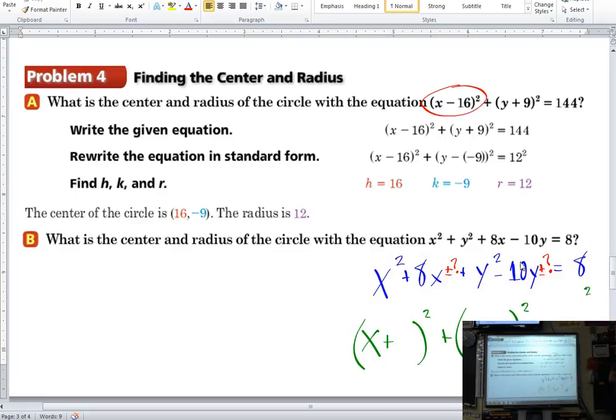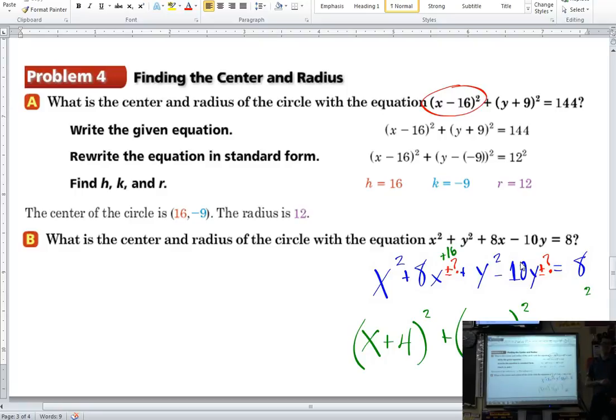To get to that perfect square, x plus something squared, to have the b value of 8x, what would this need to be? 4, which would tell me that I actually have another constant value somewhere of 16.